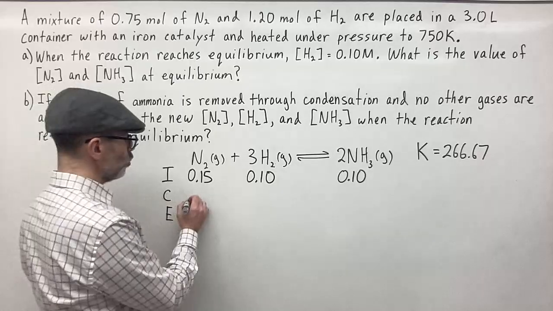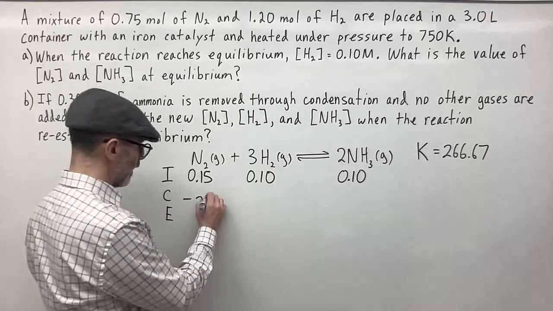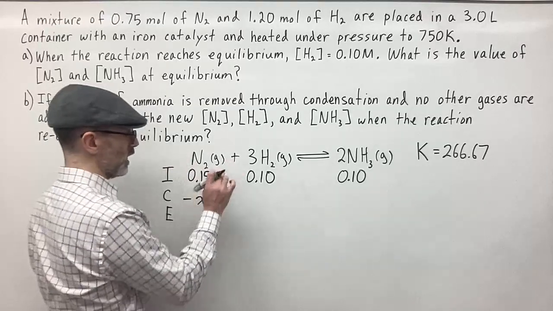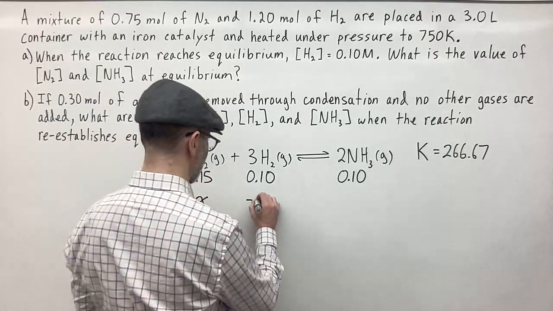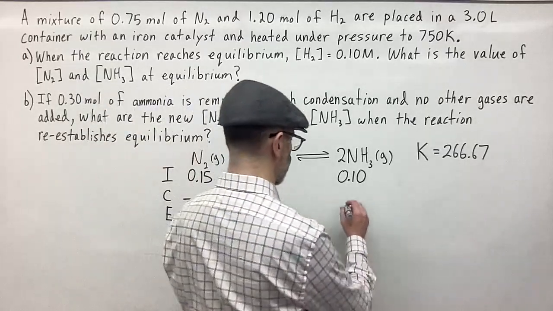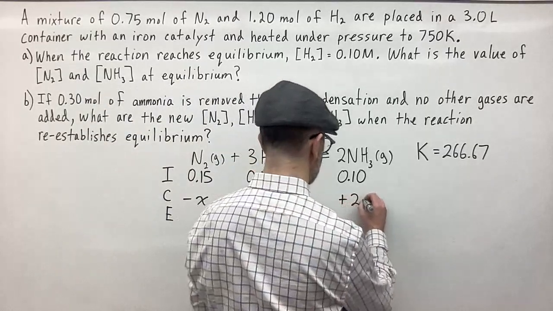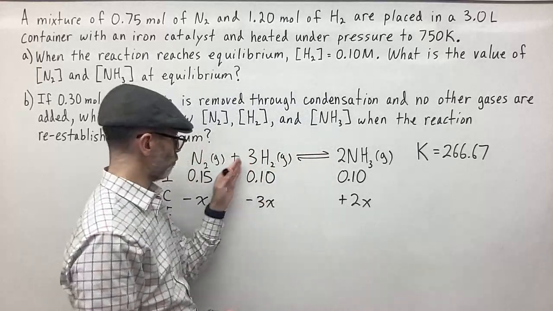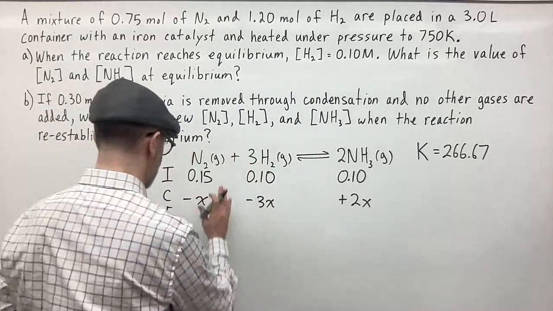So we're going to lose an X amount here because it's going this way. Again, because of the stoichiometry, that means we're going to lose a 3X amount here. And then we're going to gain a 2X amount here, again because of the stoichiometry 2, 3, 1. And then now we add these together.